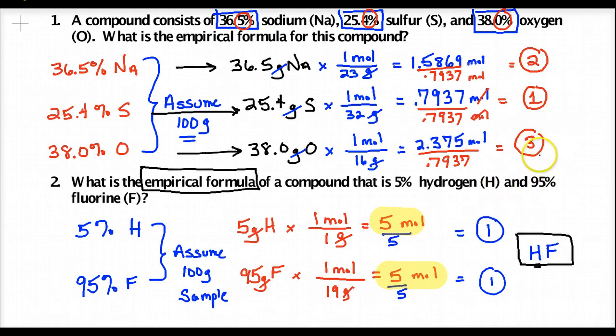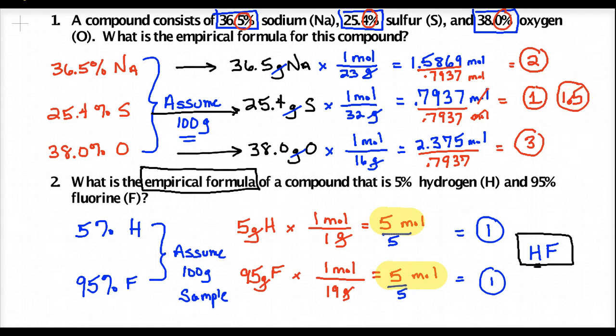What may happen to you is, let's pretend that this 1 was really 1.5. You can't put 1.5 in the compound, but what you can do is multiply everything by 2, and this would give you 4, right, times 2, and this would give you 3 and 6.